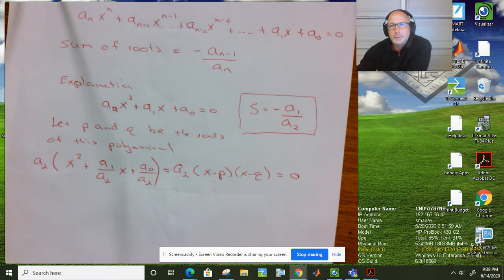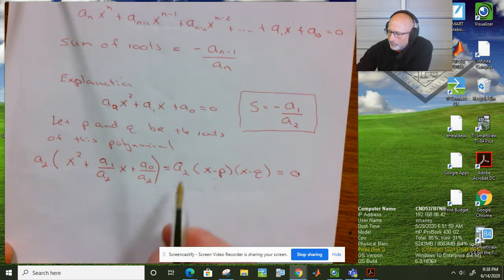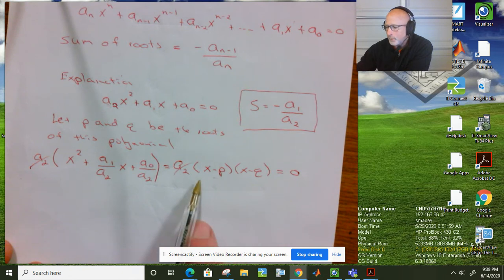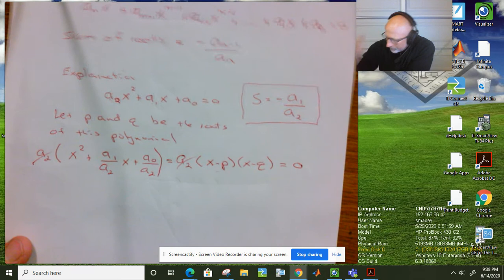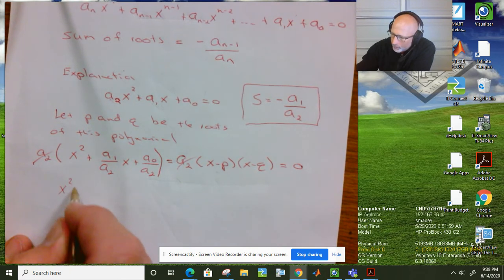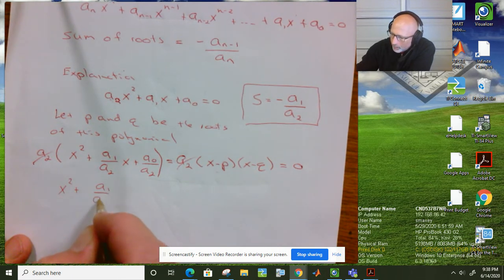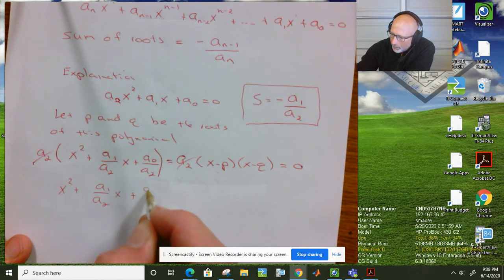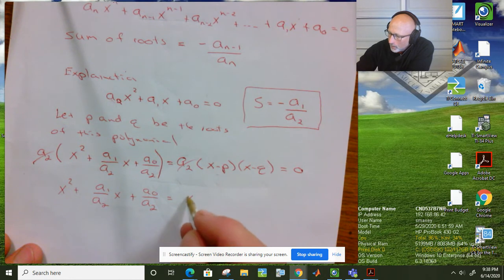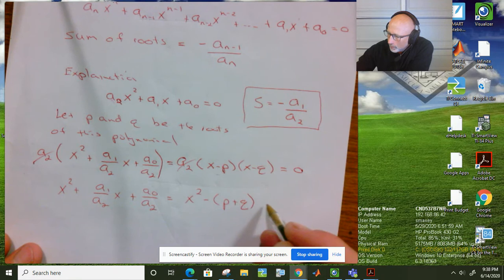You notice they both have the a_2 there, so I'm going to cancel it. Now I'm going to distribute this and compare the right-hand side with the left-hand side. The left-hand side stays the same: x squared plus a_1 over a_2 x plus a_0 over a_2 is equal to x squared minus (p plus q)x plus pq, equal to 0.